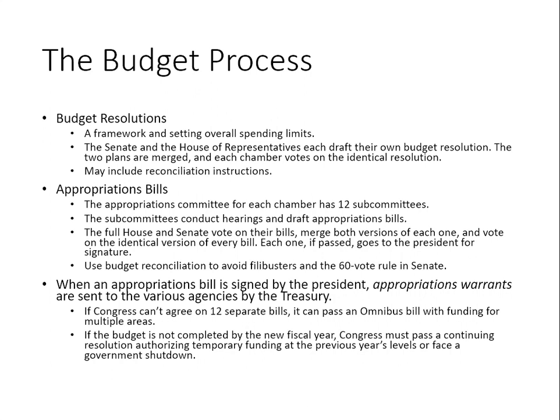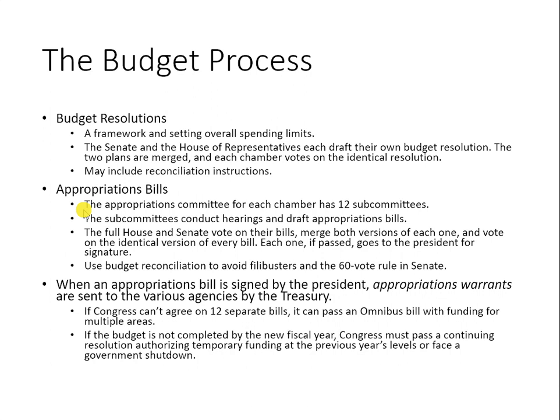So appropriations bills, once authorized and signed by the President, give the various federal agencies the authority to spend the federal dollars. So basically, Congress is going to work on the appropriation bills. There will be a committee for each chamber.